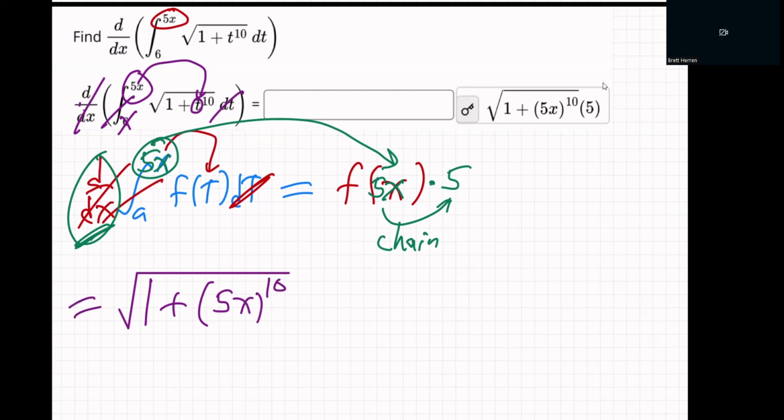You're plugging the 5x into the t slot. Okay, but then times, because of the chain rule, the derivative of the inside, the thing we plugged in, and that would be 5. That's why we have this 5 outside the root. It's multiplied after and outside the root. And there's the rest of it. That's our answer. There we go.